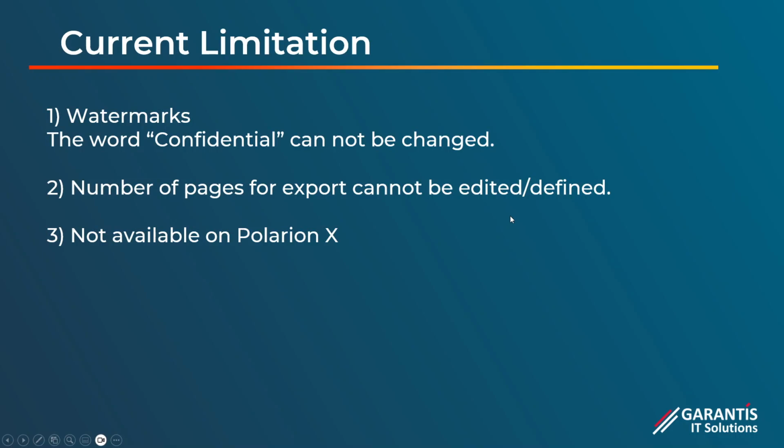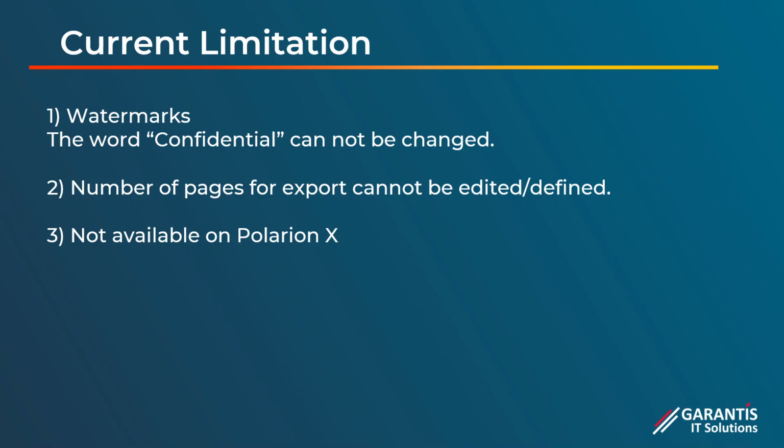There are some limitations at the moment. As I already mentioned, the watermarks have only one word predefined, confidential, and this word cannot be changed. The number of pages for export cannot be edited or defined, so you export all the pages at the moment.